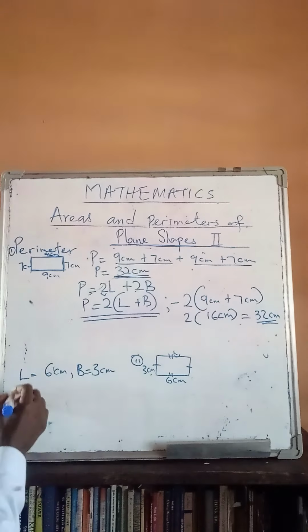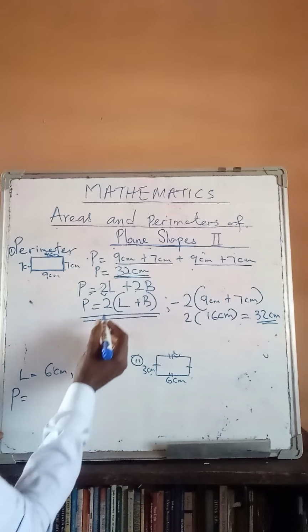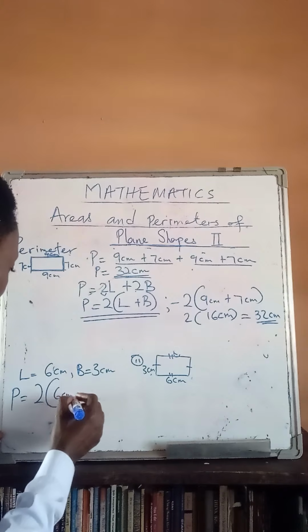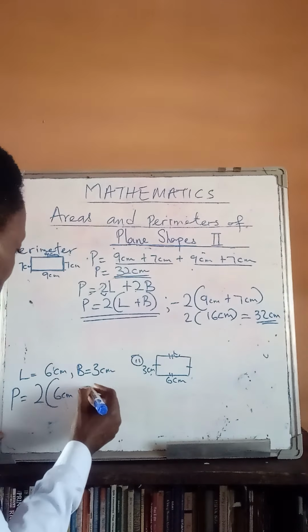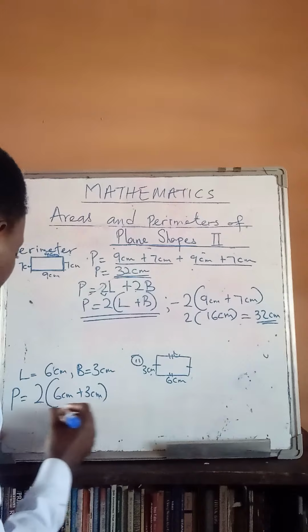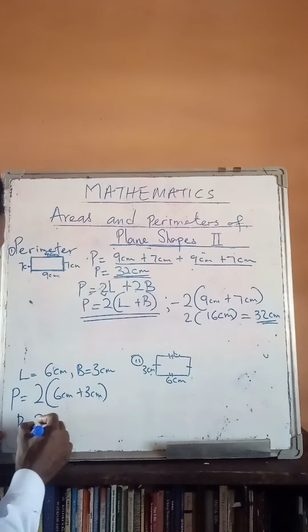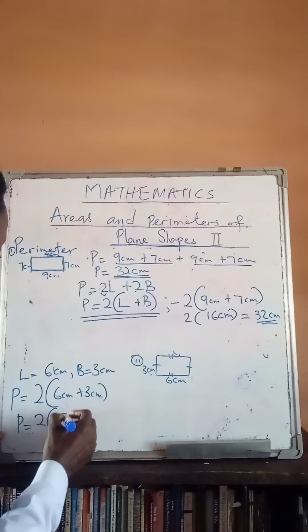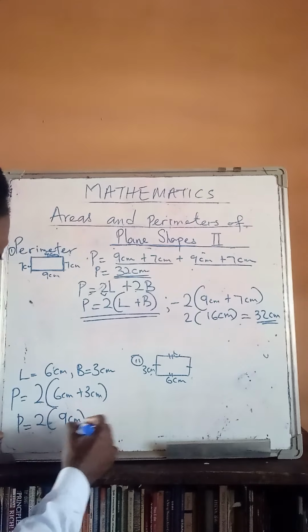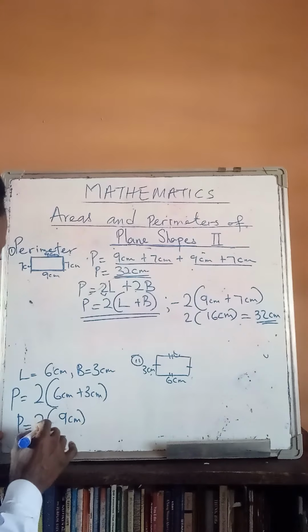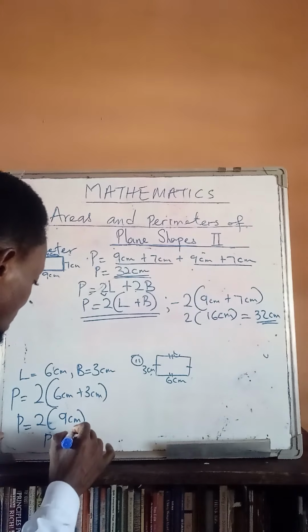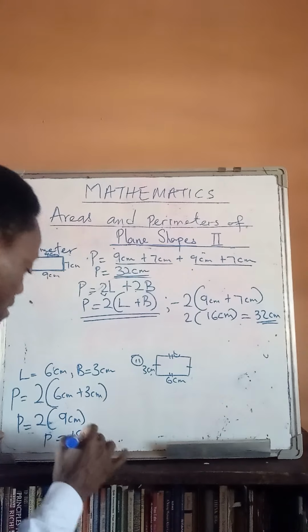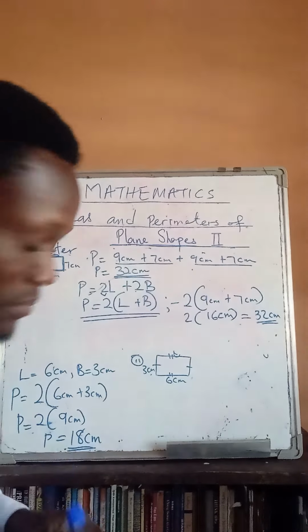Using this formula, perimeter equals 2 into bracket, length 6 centimeters plus breadth 3 centimeters. So perimeter equals 2 into bracket 6 plus 3, which equals 9 centimeters. So perimeter equals 2 times 9 centimeters, which will give us 18 centimeters. That is the answer. Thank you.